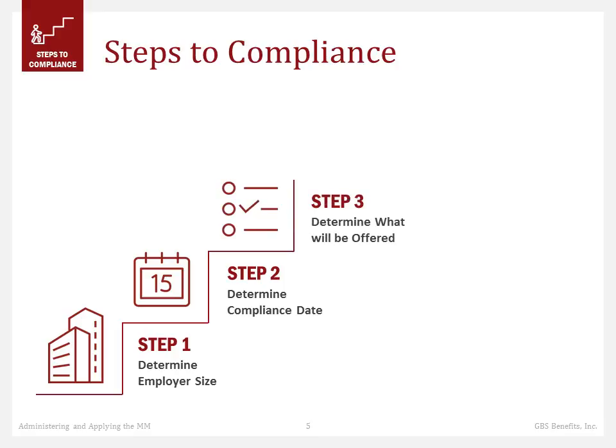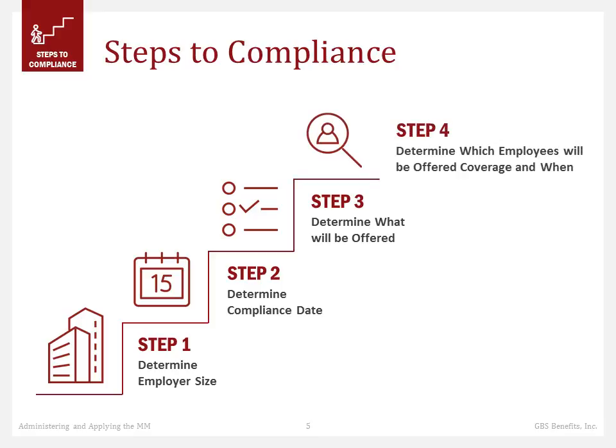Step 3 is determine what will be offered. That was when we discussed checking whether you're offering minimum essential coverage, whether it meets minimum value as well, and whether it meets affordability as well. And then step 4, we walked you through determining which employees will be offered coverage and when.